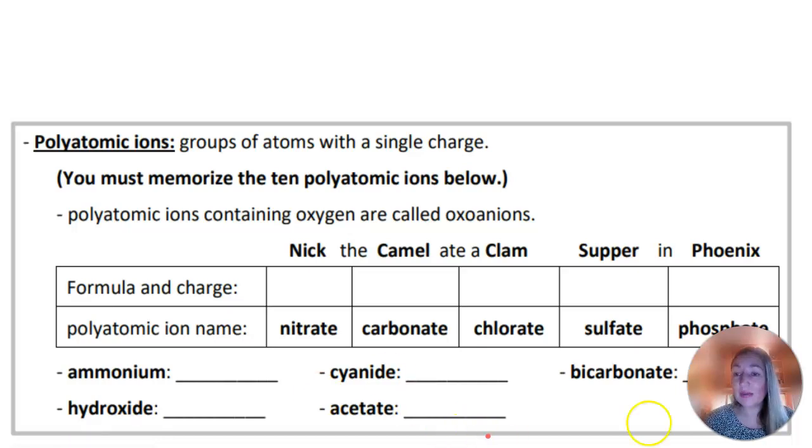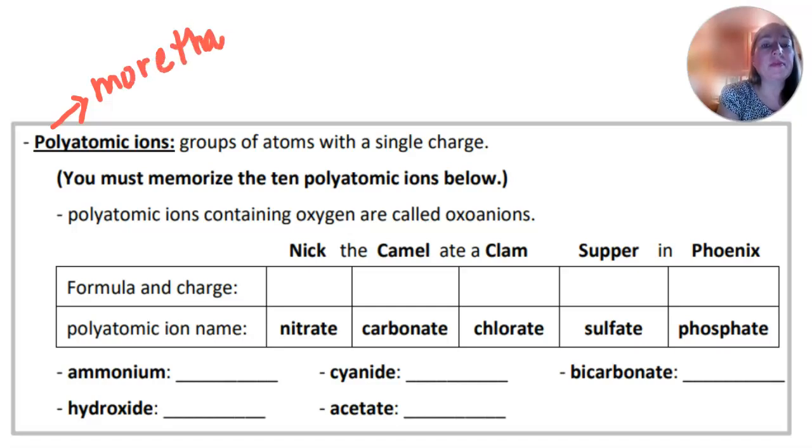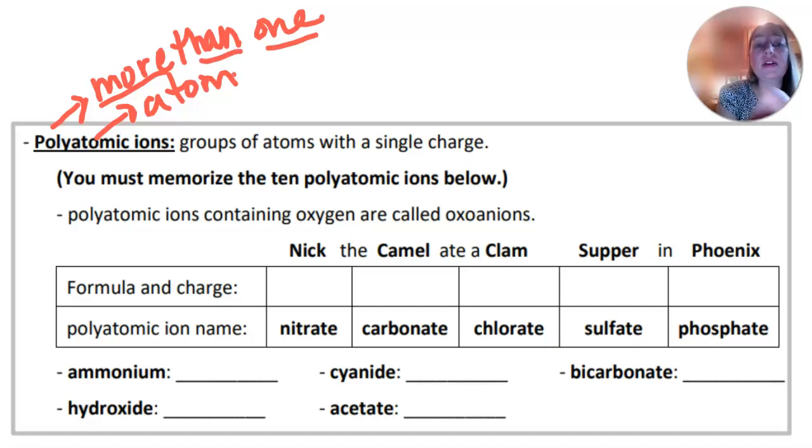The last thing we need to cover in terms of understanding ions are what are called polyatomic ions. So poly means more than one. Atomic really is just like it sounds. It's about atoms. So we're talking about more than one atom. And what are ions?